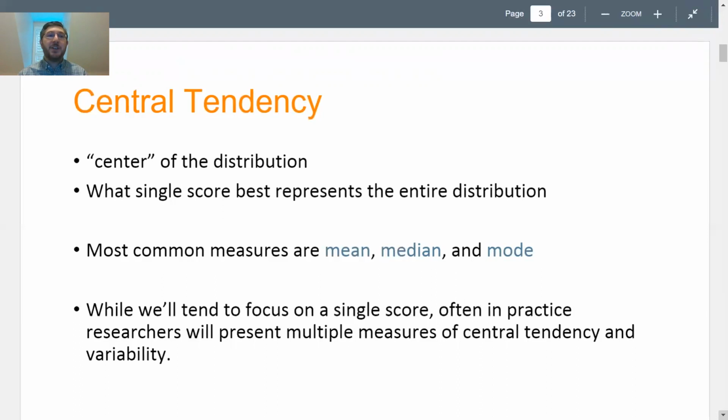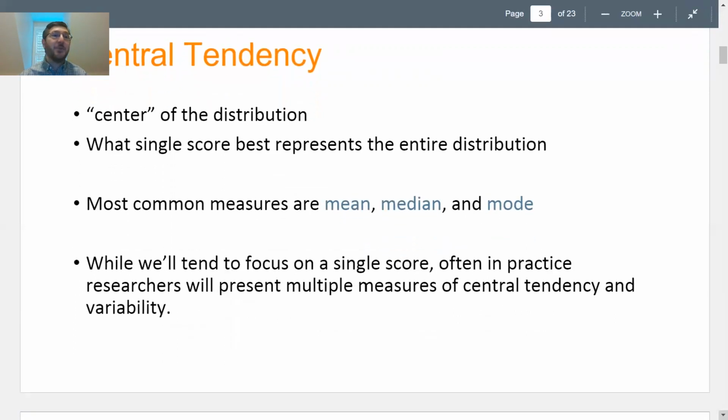The most common measures of central tendency are the mean, median, and mode. The mean is just another word for the arithmetic average. The median is the midpoint of the distribution. It also corresponds to the 50th percentile, so what's in the very middle of the distribution. And then the mode is just the most common score.